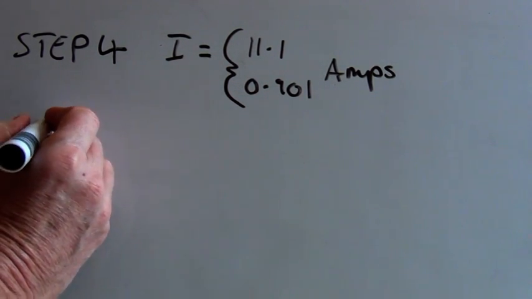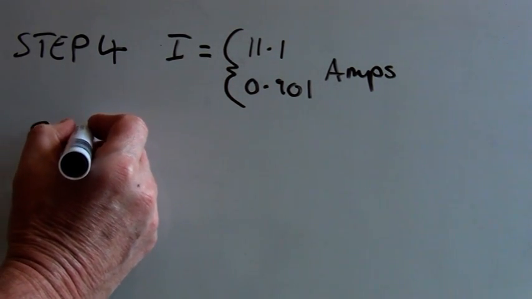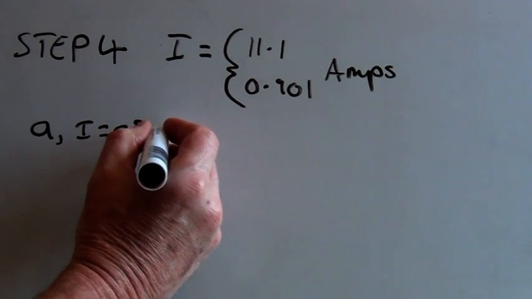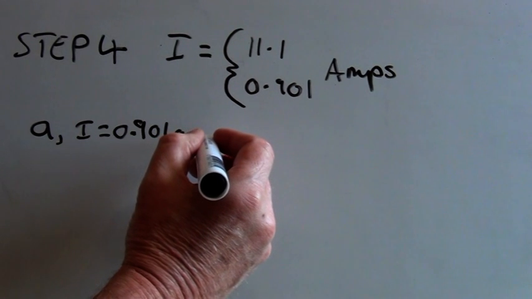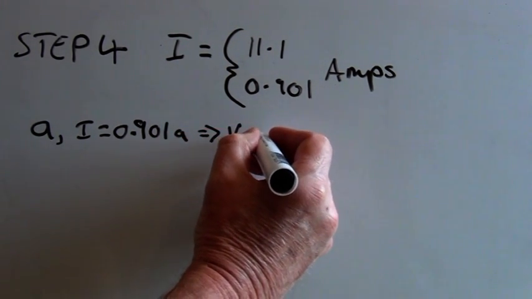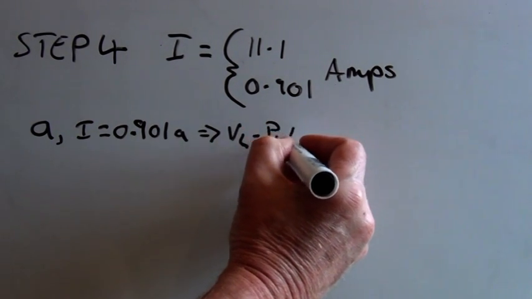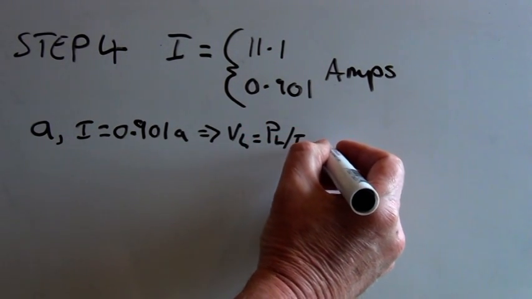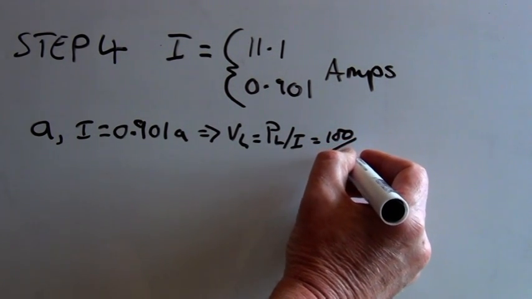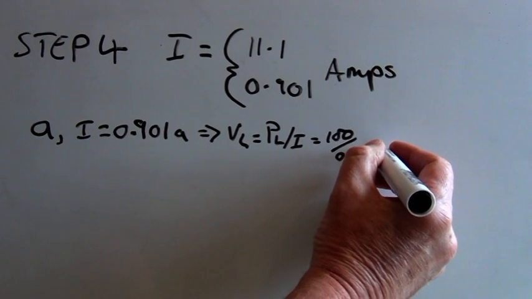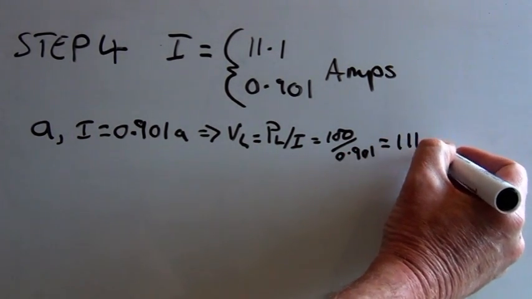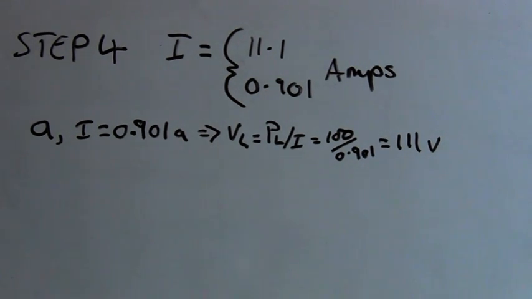So A, we have I equals 0.901 amps, which tends to V_L equals P_L divided by I, which equals 100 divided by 0.901, which equals 111 volts.